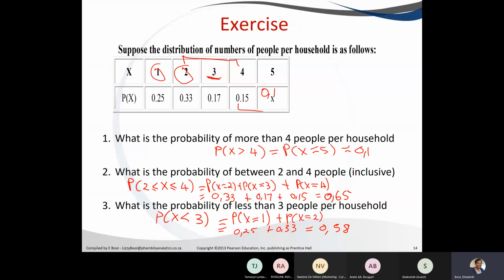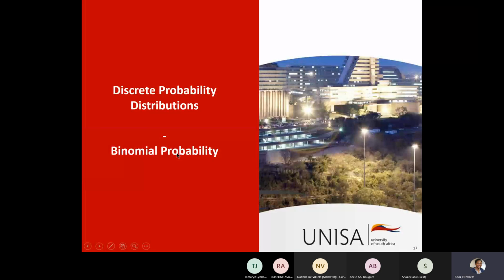Now we move on into the binomial distribution and the Poisson distribution. When we work with the binomial distribution, you can use your formula or you can use the table. The easy way, when they ask you questions about the probabilities, is to use the table.